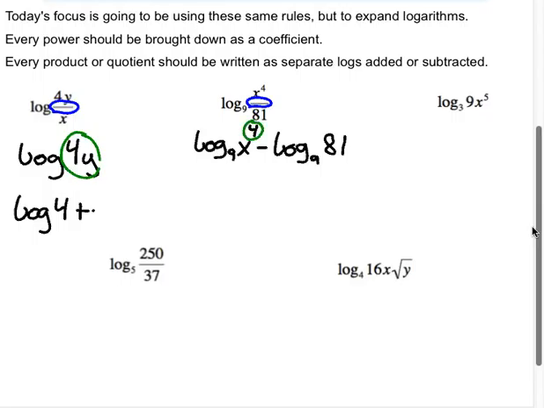I see this power up top, so I'm going to bring that power down as a multiplier. Okay, remember this is exactly the opposite of yesterday, so that power should be brought down, okay, as the rule implies.